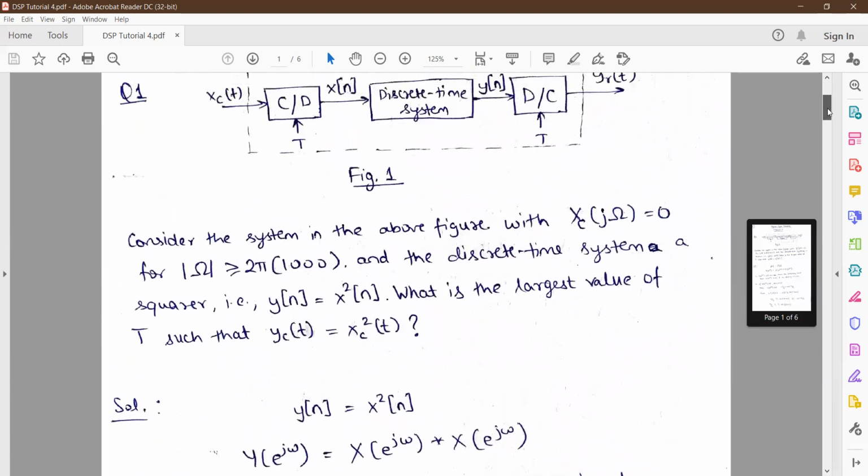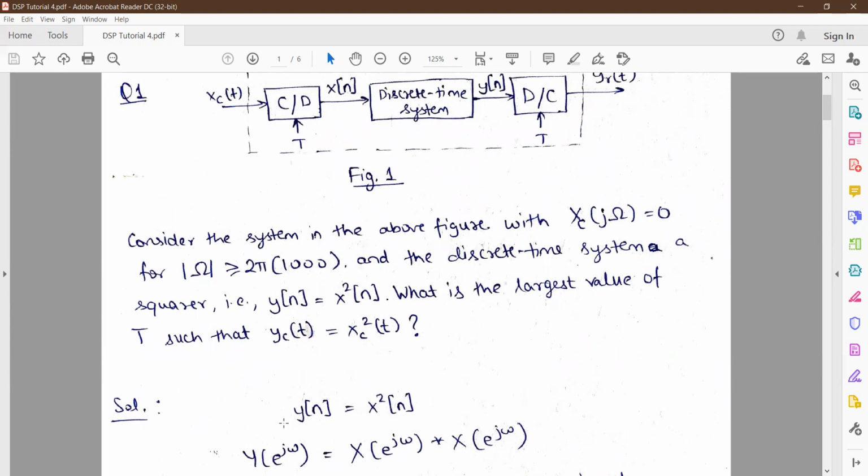So let's see. First of all, we have y[n] equal to x squared of n. If we look at this process that the discrete time system is performing, it is basically just the product of two sequences x[n].